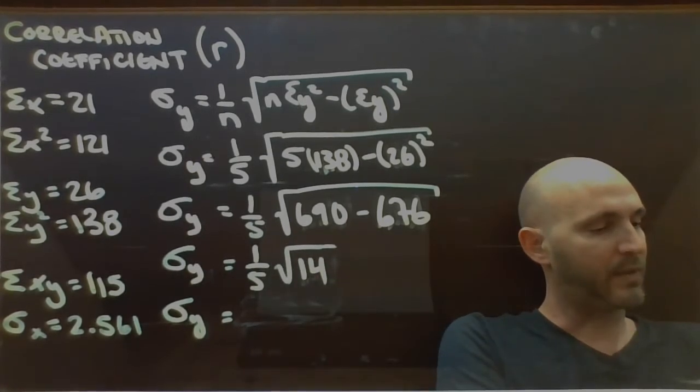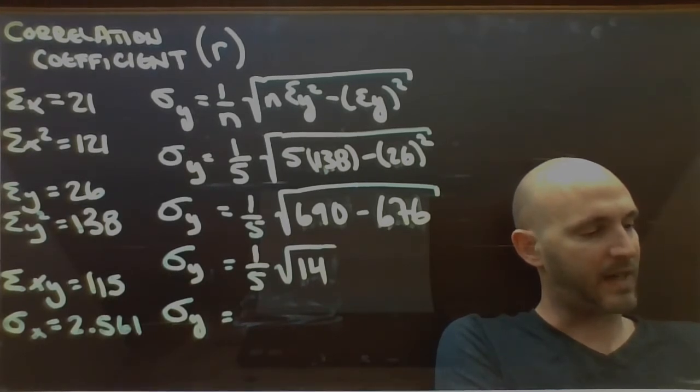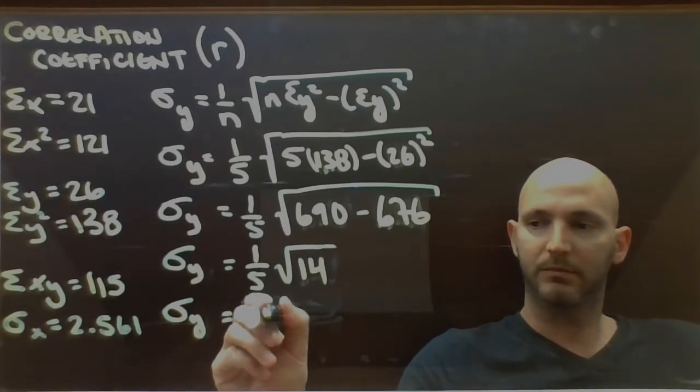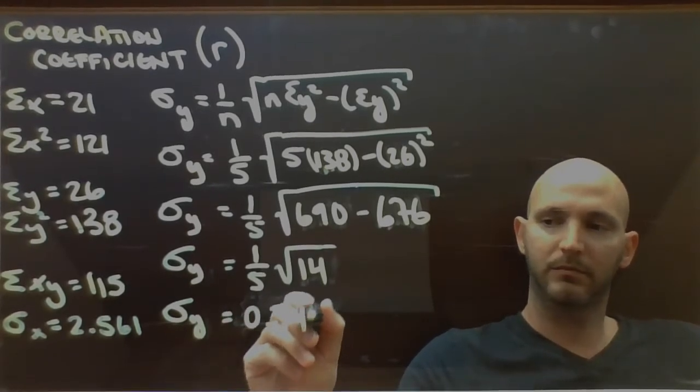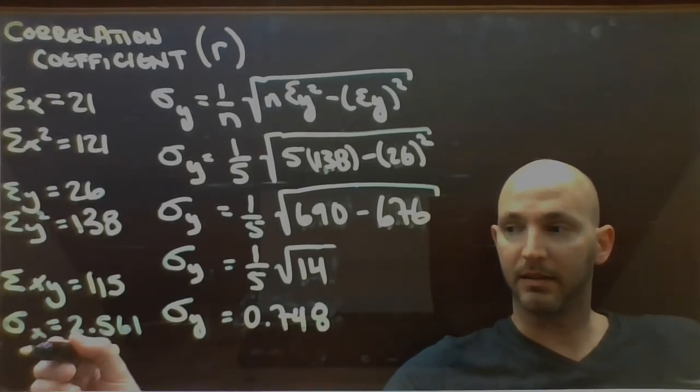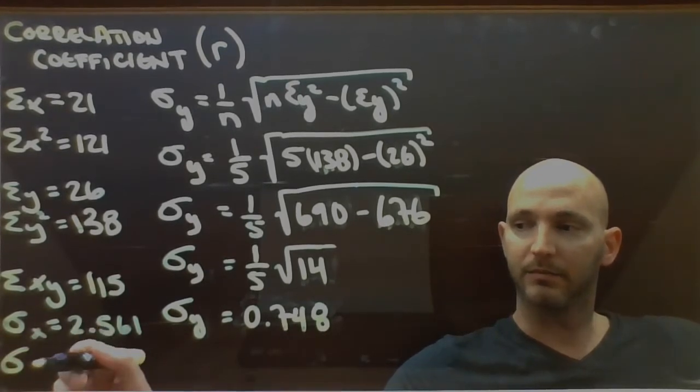And the square root of 14 divided by 5 is 0.748. Lovely. So I'm going to add that over here.